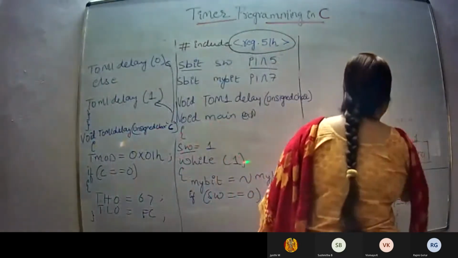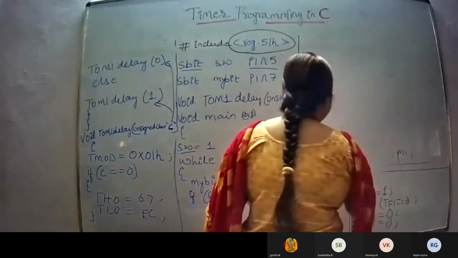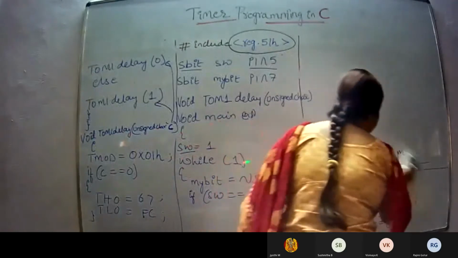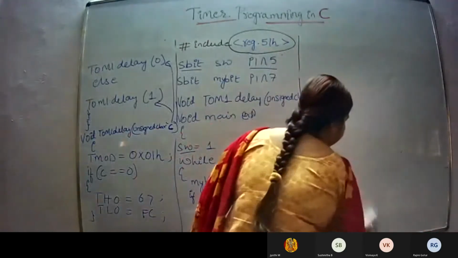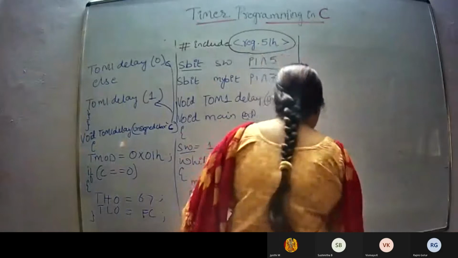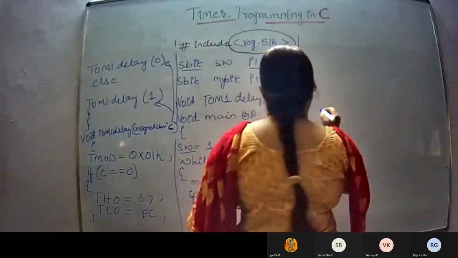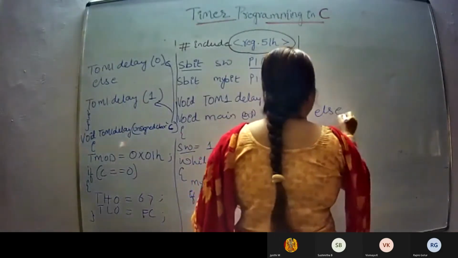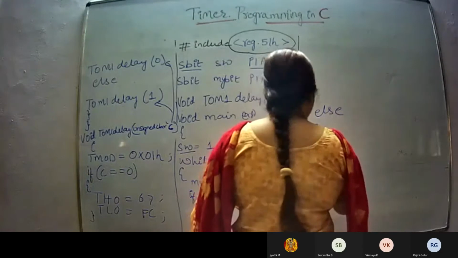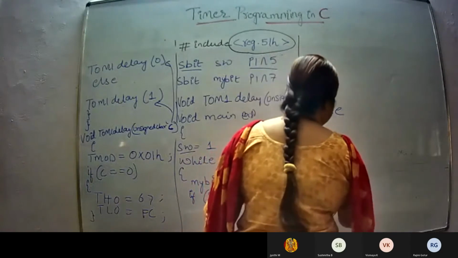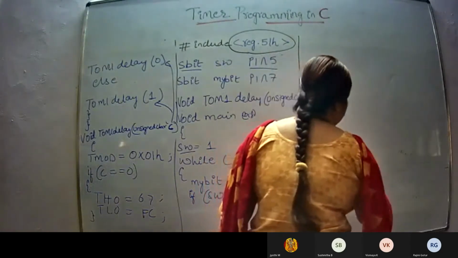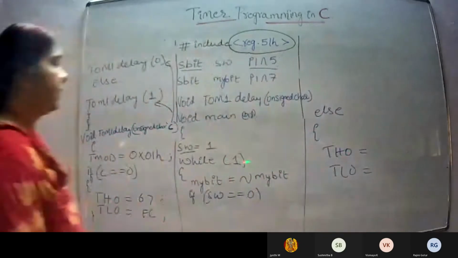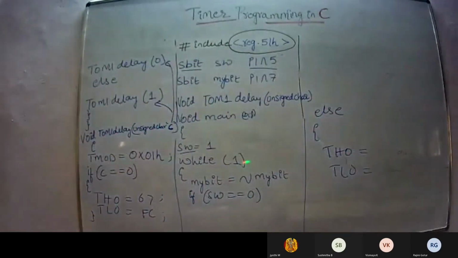Fine. Next, if the condition is false, it will go for the 700 Hz. So what should be loaded for 700 Hz? Did you calculate it? Else, open the bracket. What should be loaded in TH0 and TL0? Did you get the hexadecimal of 700 Hz?